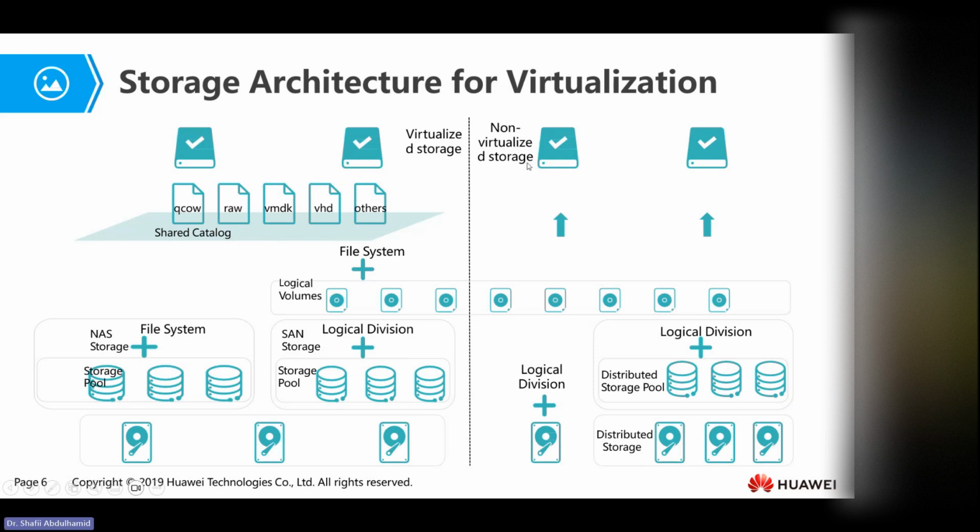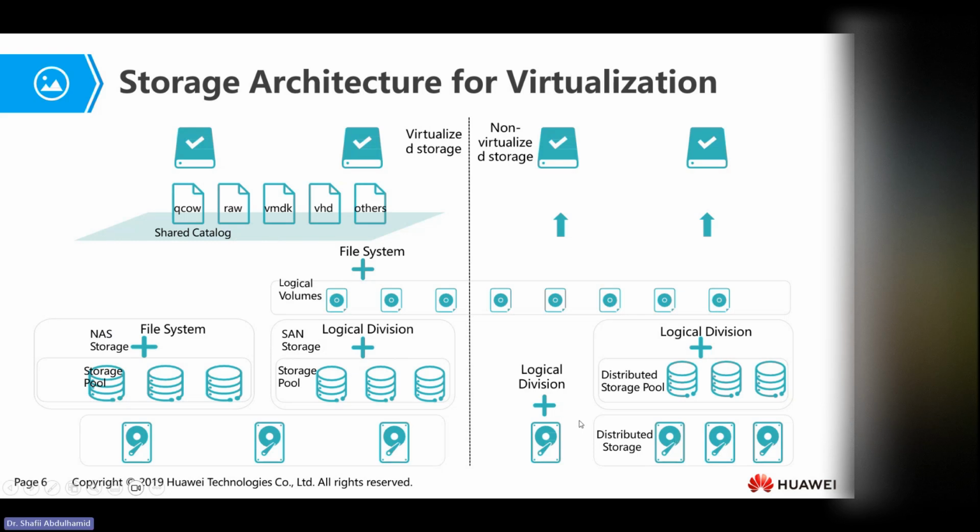For the non-virtualized section, it is almost similar, except that after we have the physical devices, that's the storage devices basically, it can be the SAS, or it can be the part which was used before, okay? Or it can be any type of physical device that is used for storage.